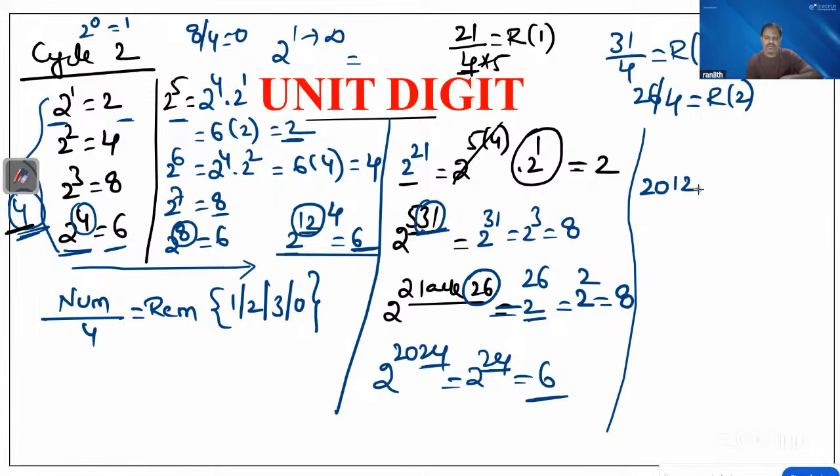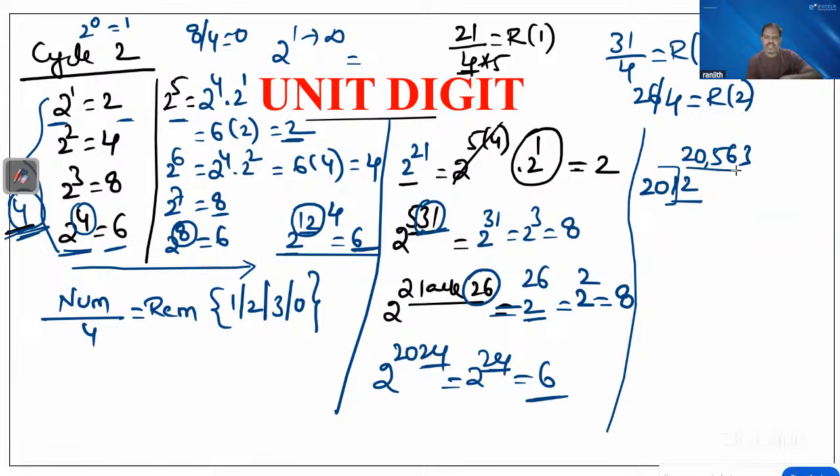Next, 2012 to the power of 20,563. What is the units place of 2012 power 20,563? In 2012, the units place is 2, and the power is 20,563. So the base is 2, and after 4 steps we have the repetition.